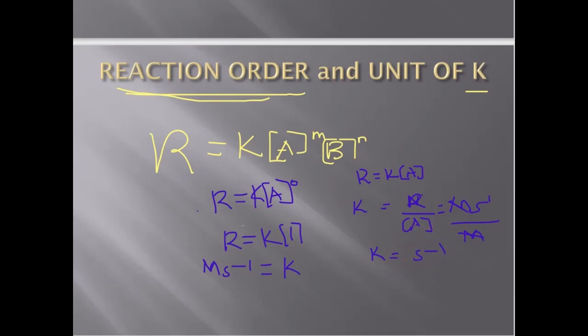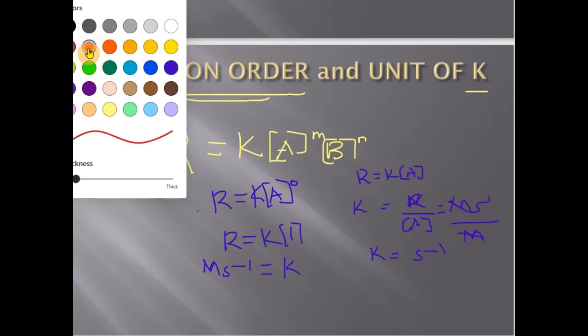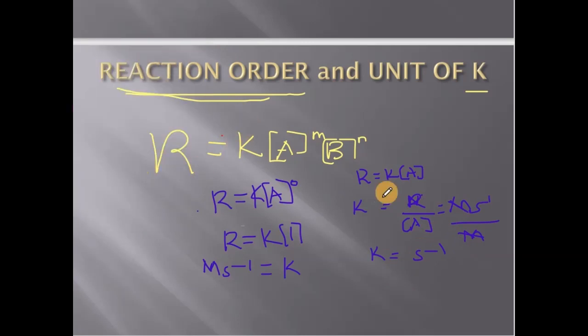Now let's look at a second order reaction and how it will look. For a second order reaction, K is equal to R over A to power 2. Now this is molar per second for the rate, over the molar squared.